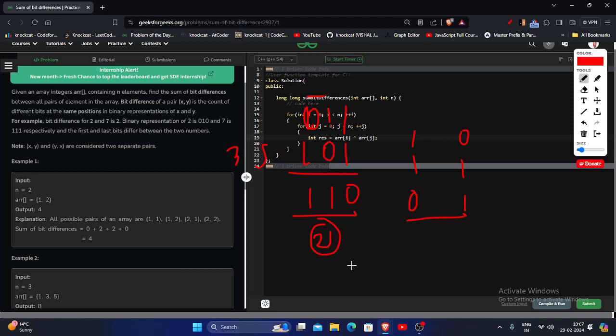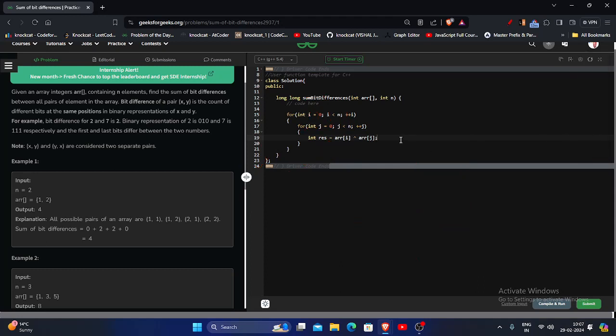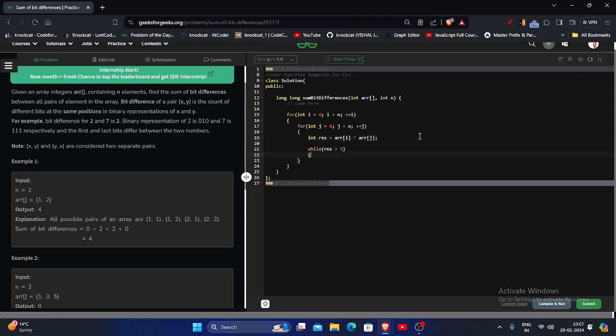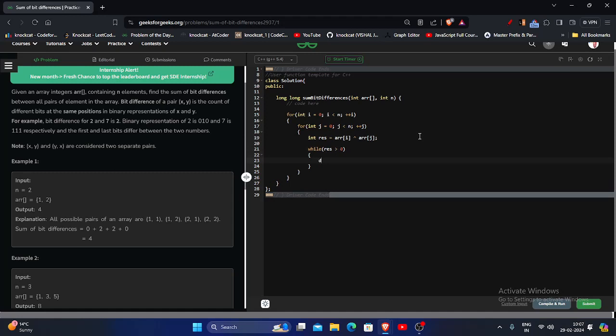And now through XOR I will get 1 1 0, and I can easily count these bits by just iterating till my number, as we count for the binary representation of a number. Since I have the XOR, I can just do while my result is greater than 0, diff plus equals res modulo 2, because we are concerned about 1.